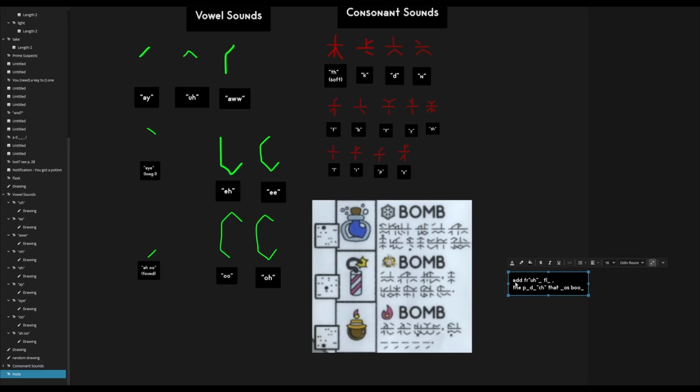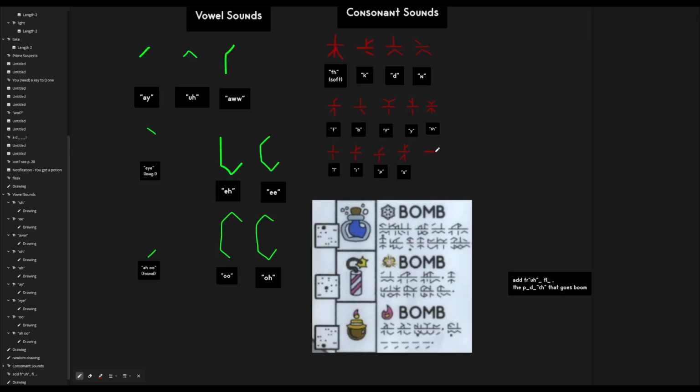Boo. Something. What? Oh, that's an M. That has to be an M. That's a G. That goes boom. Okay, okay, so we got something here. Draw, we want red.